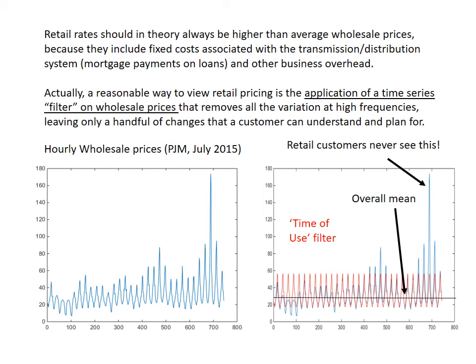And if you wanted to, on average, set the price of electricity so that retail customers were never experiencing any fluctuation in what the price of electricity was going to be, but you were guaranteed to cover your costs, you would set it at that black solid line, which is a little hard to see, but the black arrow is pointing to it. The overall mean here is that black solid line.